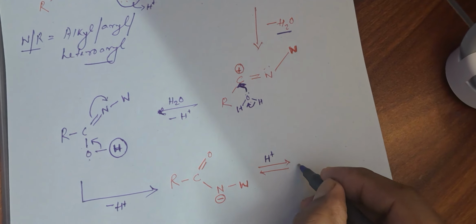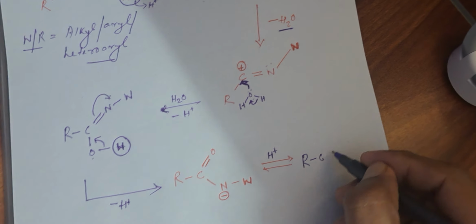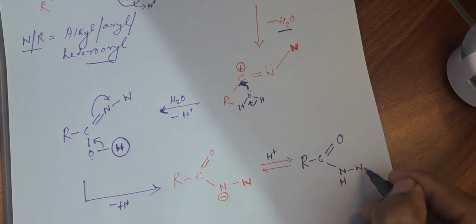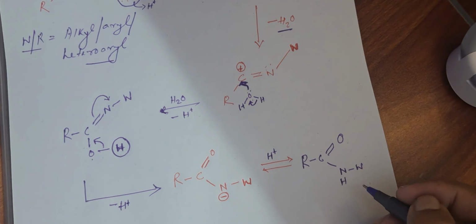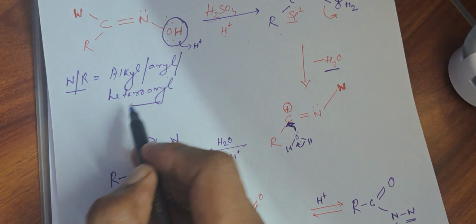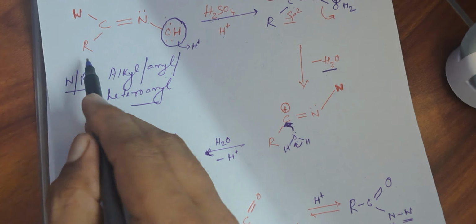It is the protonation that eventually gives rise to the formation of our compound of interest, that is your N-substituted amide. Here the W corresponds to alkyl, aryl, heteroaryl, it's your choice, and R is also the same thing, right?